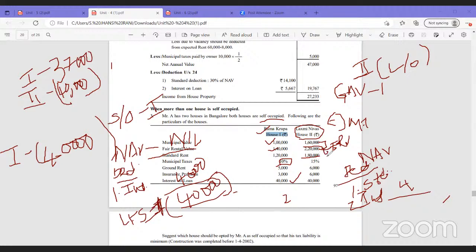Out of these two, the least amount is 1,80,000. As we don't have any annual rental value, I take this amount only as gross annual value. So here my gross annual value would be 1,80,000.